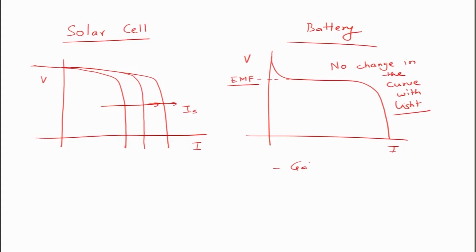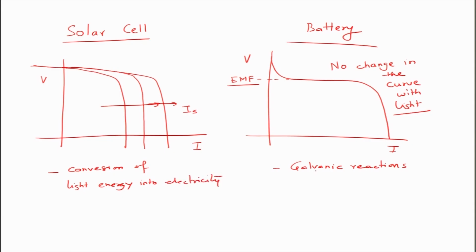Because we use both batteries and solar cells, a battery is also a power generator, and a solar cell is also a power generator, but there are fundamental differences between the way they operate. A battery is based on galvanic reactions, whereas a solar cell is a conversion of light energy into electricity.